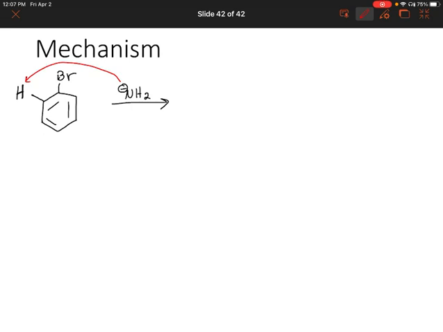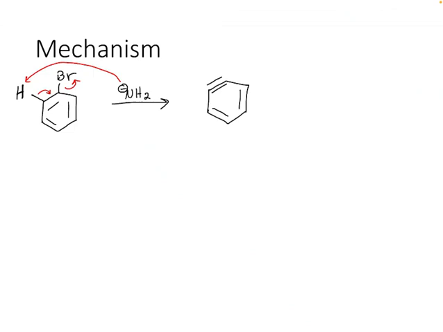And then the shared electrons between hydrogen and the carbon will be left behind, and then the leaving group will leave. So notice we end up with a triple bond, and this is called benzyne.